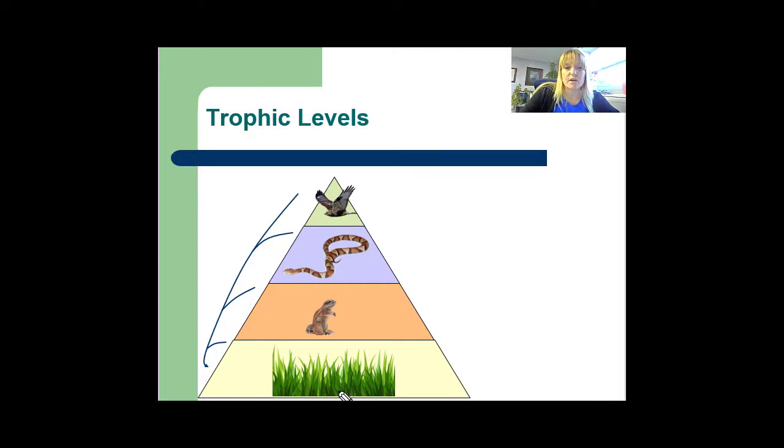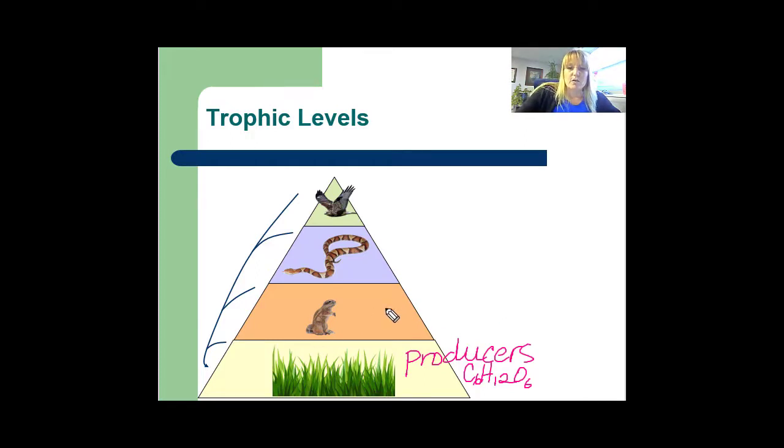Energy flows this direction in the ecosystem, and it flows through various organisms. So at the most basic level, you have the producers, which are actually taking the inorganic molecules and creating some form of organic molecule. Often that is represented by glucose, but there's a variety of biological macromolecules that it will create.